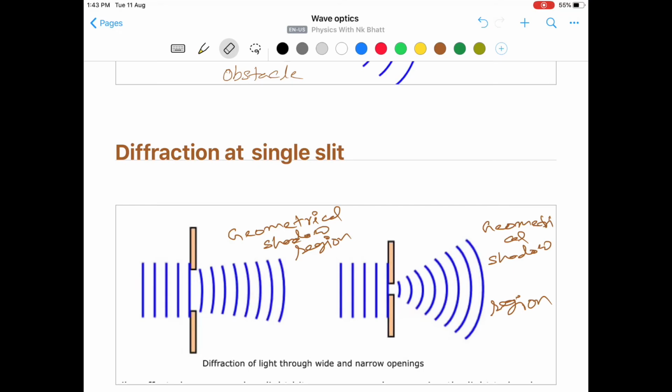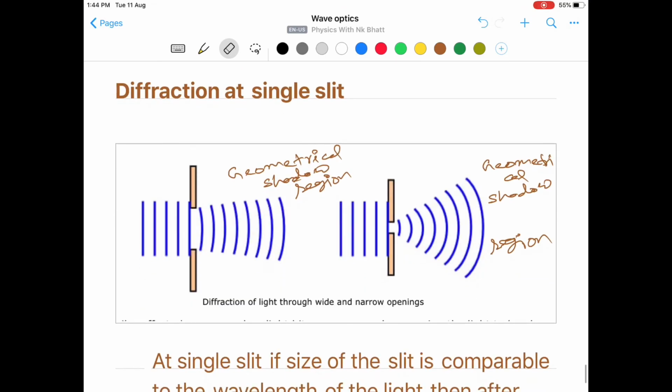If this width is smaller, then definitely the spreading of light would be over a larger area. So we have seen two diagrams here, one with a wide slit and the other with a narrow slit. I hope it's clear that the condition necessary for diffraction to take place is very important, and that should be taken care of when we talk about diffraction.